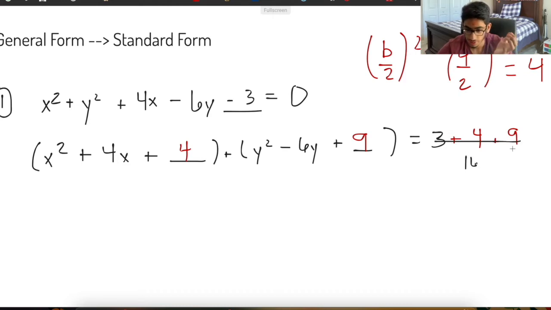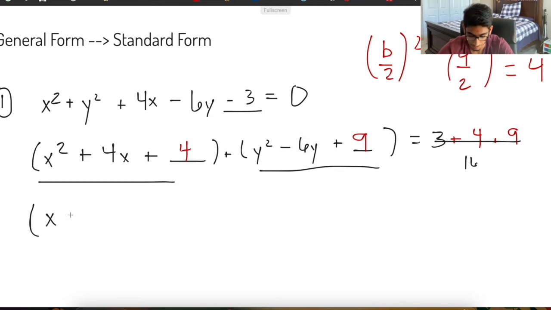Now as you can see, we have two quadratic expressions. We can factor each of them, and they're both complete the square, so we can use that method to factor. This would be (x + 2)^2, and the other would be (y - 3)^2.